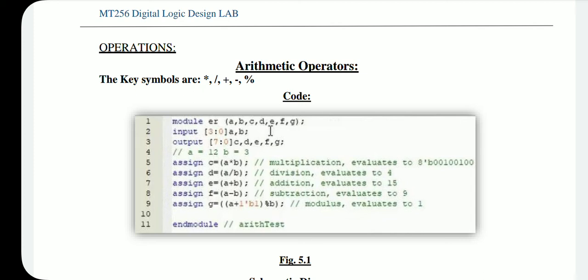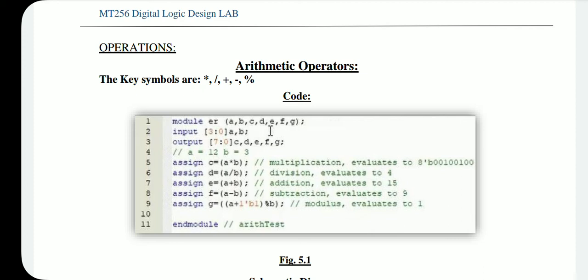For arithmetic operations we need two inputs, and we have five operators, so we'll need five output values.